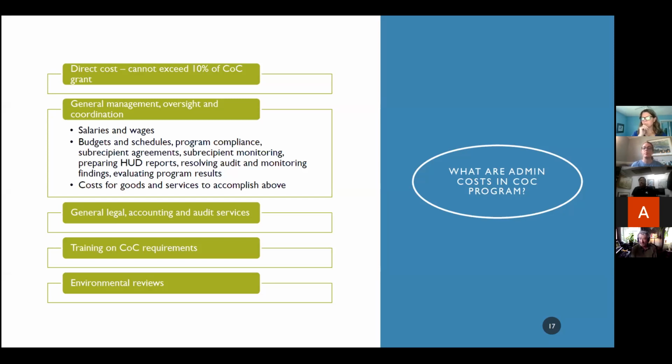They really are the direct salaries and wages for folks who are working on eligible admin activities. Those eligible activities are developing budgets and schedules, project compliance, negotiating subrecipient agreements, monitoring subrecipients, preparing reports to HUD, resolving audit and monitoring findings, evaluating program results, and also conducting environmental reviews, as you can see there.